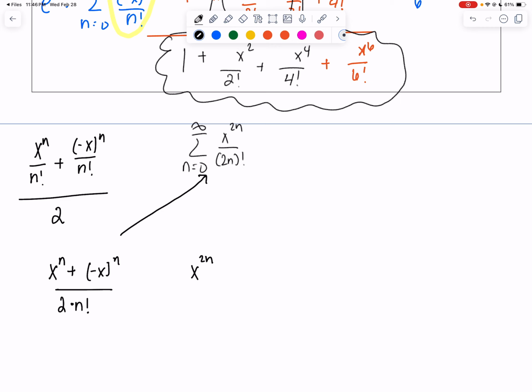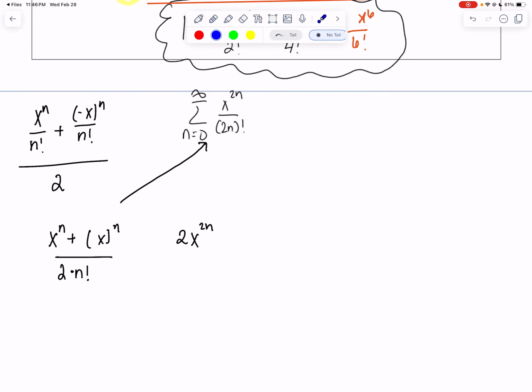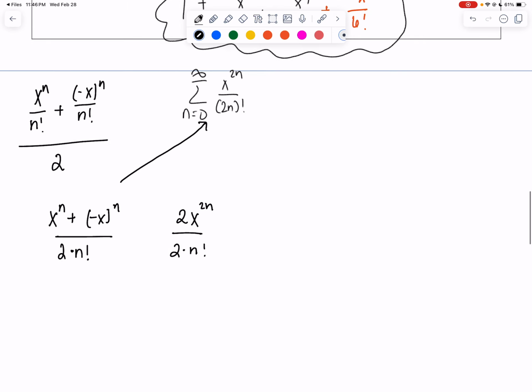Now, since I technically combined them, that means I'm going to have 2x to the 2n, just because if I have even powers, this negative is going to turn positive. So that means that I have x to the n plus x to the n, which is going to be 2x to the 2n, technically 2n just because we're dealing with even powers here. Okay, and then I have 2 times n factorial. So then the 2's will cancel out.